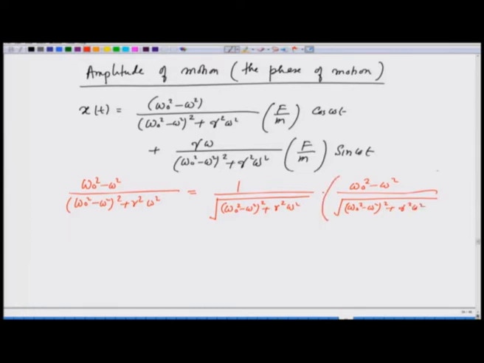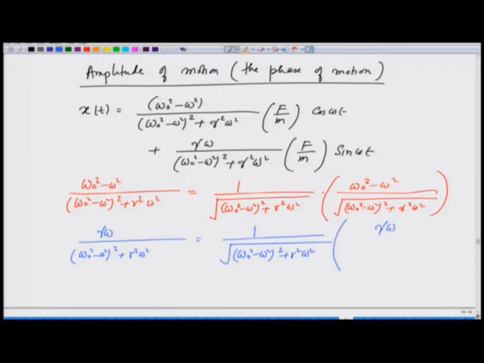Let me put this in brackets, and I am going to write gamma omega over omega 0 square minus omega square, whole square, plus gamma square omega square, as 1 over again this square root of this quantity in the brackets, times gamma omega over square root of omega 0 square minus omega square, whole square, plus gamma square omega square.